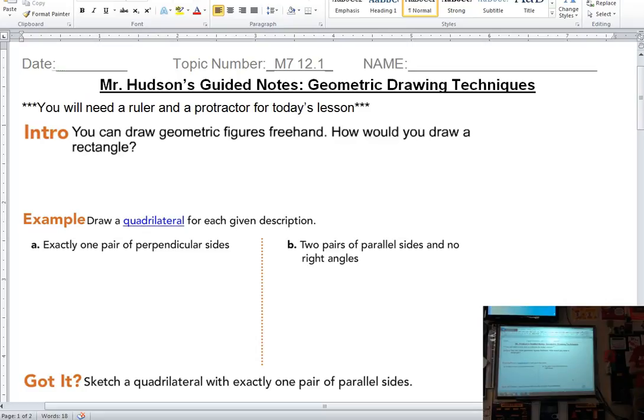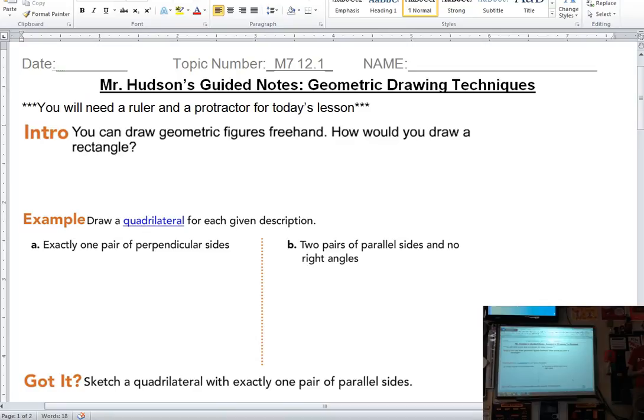So what qualifications does a rectangle need? What does it have to have true to be a rectangle? All right angles, so I'll need to notate the size of the angles. Andrew? Four sides. Four sides, so it's got to be a quadrilateral. Nobody else other than Abby and Andrew?